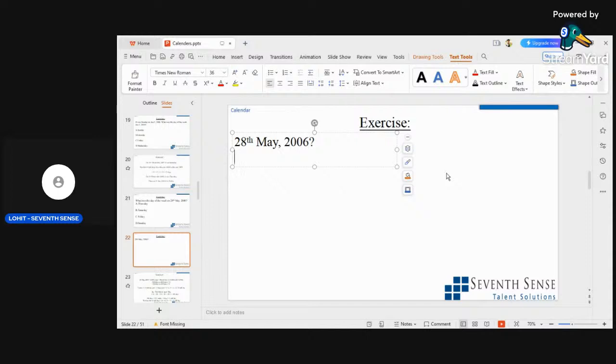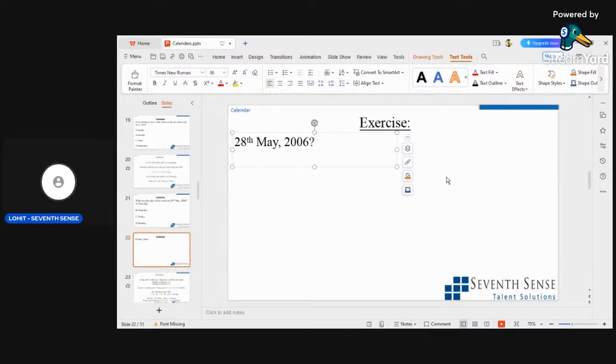Guys, anyone? How many odd days are in 2006 till 28 May? You are only going to calculate for 2006 now. The previous 2005 we will be calculating. Don't worry about that. But first, tell me how many odd days in 2006 till May.